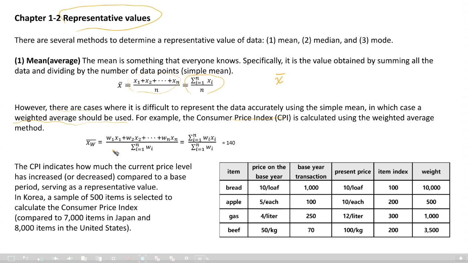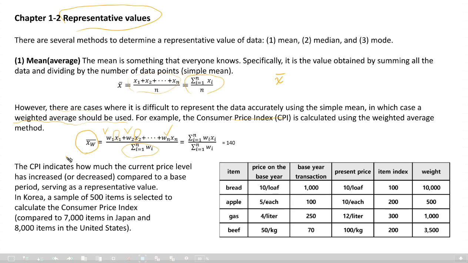Weighted average is what? Every value has its weight, W1, W2, Wn. Okay, simply this way, and divide by the sum of weight. That is weighted mean. Sometimes it's much more effective to represent the data.